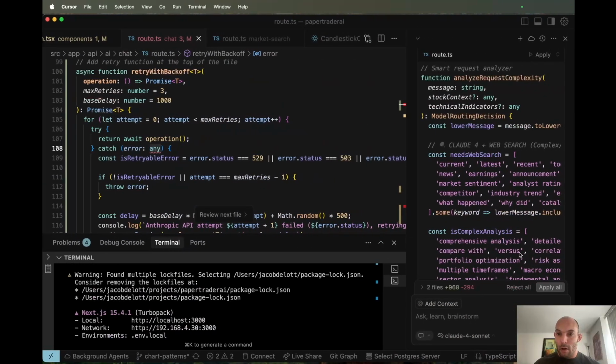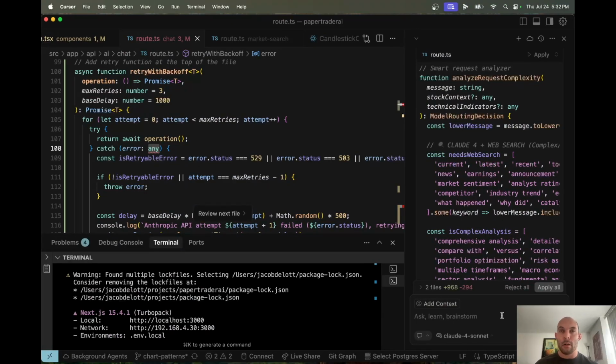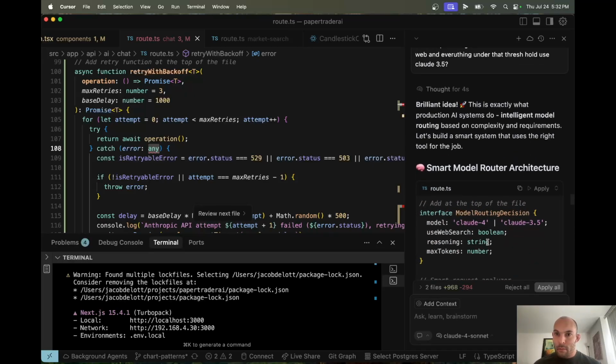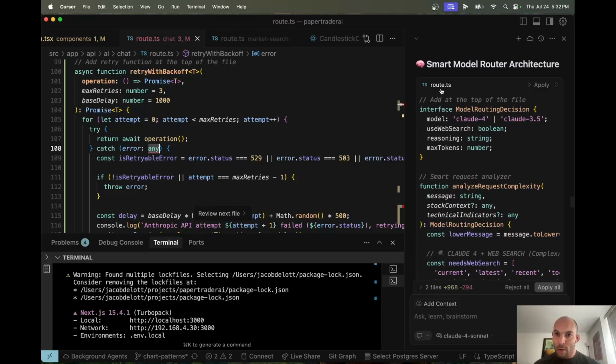So here we go. I already kind of started, so I started the OBS in the middle of all this. Hopefully we can test this pretty quick. This is actually what production AI systems do: intelligent model routing based on complexity and requirements. Okay, so we'll go to the route.